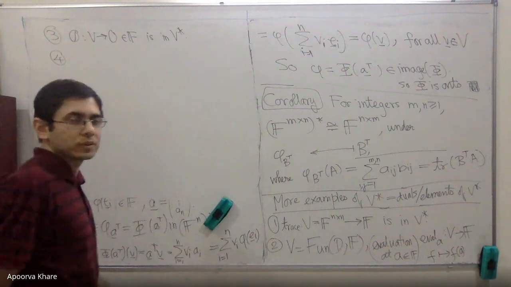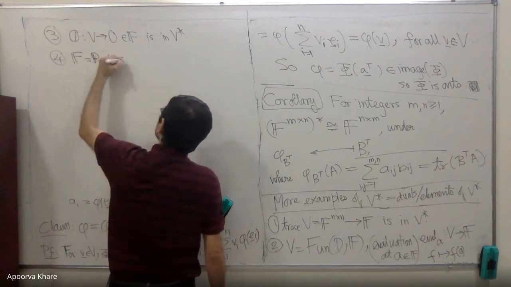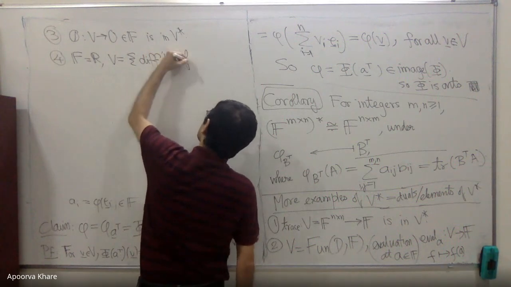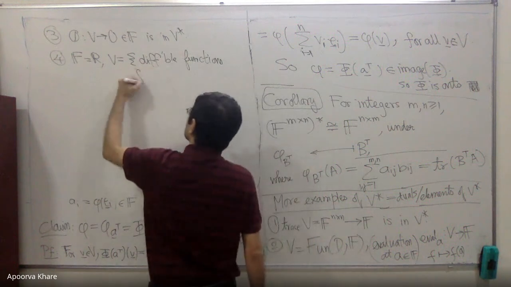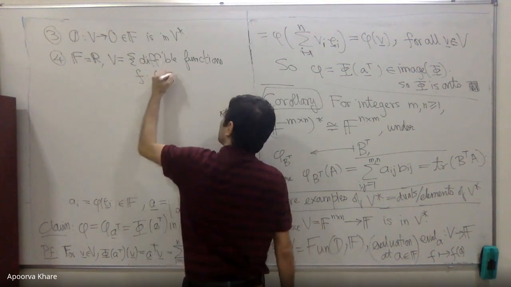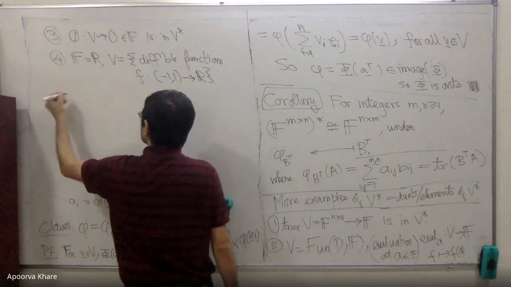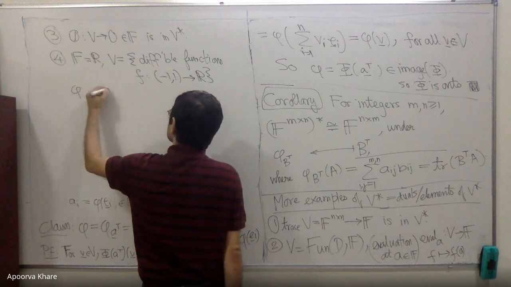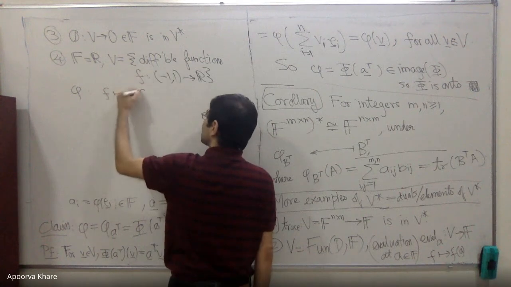And then here are two over the real line. F is R. V is the set of all differentiable functions f from, let's say, -1 to 1 to R, and the map is literally the map phi sending f to f prime at 0.